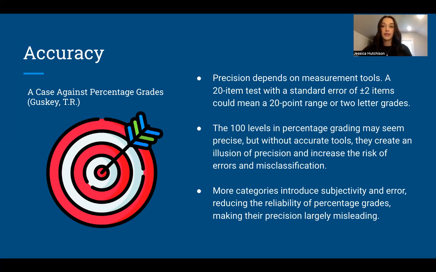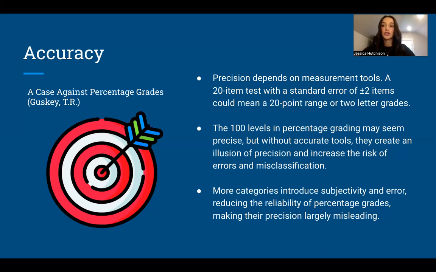Many educators believe that a percentage grading scale's 100 levels make it more precise than simpler scales like excellent, average, and poor. However, without a highly accurate measuring tool, more gradations only create an illusion of precision. More classification levels increase the chances of statistical error, leading to misclassifications.